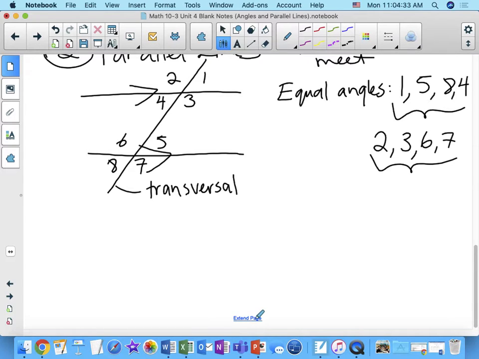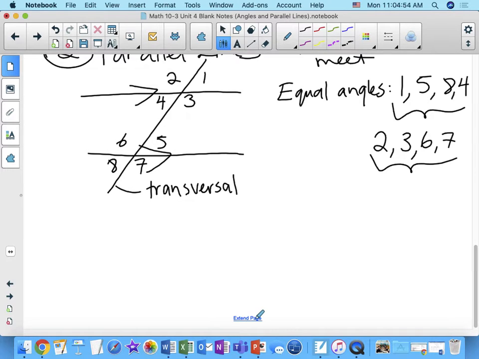The pairs have special names, and also you need to know the relationship between the pairs. So are they equal to each other, or is it the case where they add up to 180, which means they're supplementary to each other?